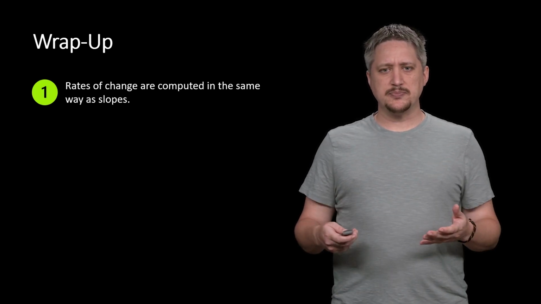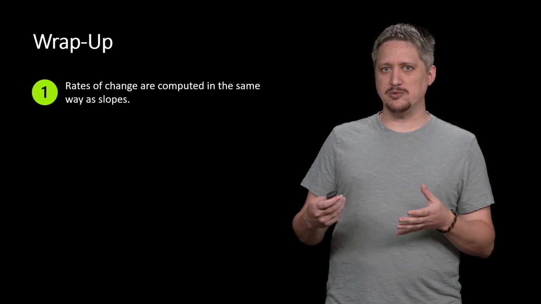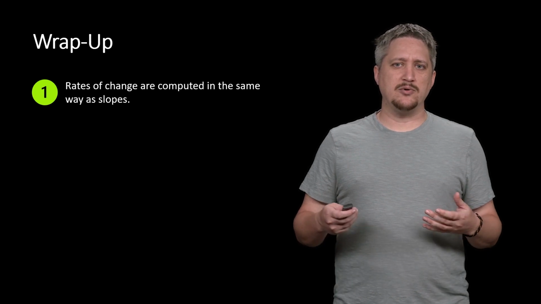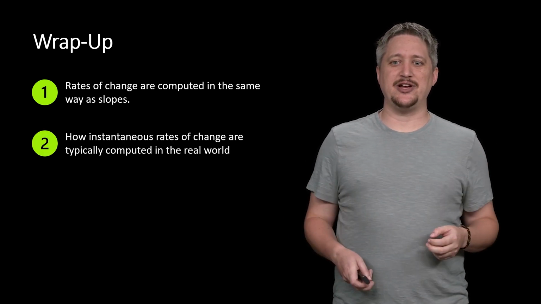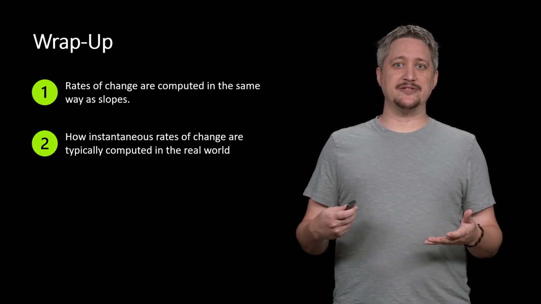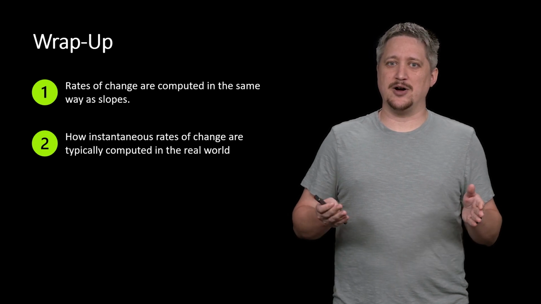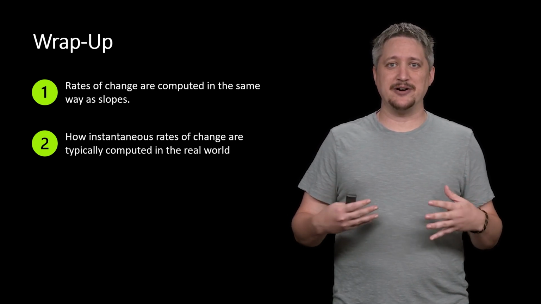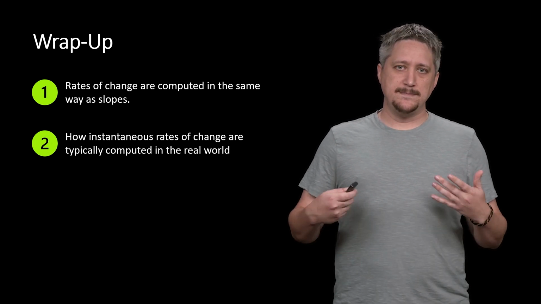So in particular, we talked about rates of change and we computed them and we showed how really what we were doing was just looking at the slopes, right? And moreover, we talked about how for the instantaneous rate of change in the real world, what's really happening is that we're looking at an average rate of change over a small time window, right? That's like your speedometer. In practice, this is usually how you actually figure that out.